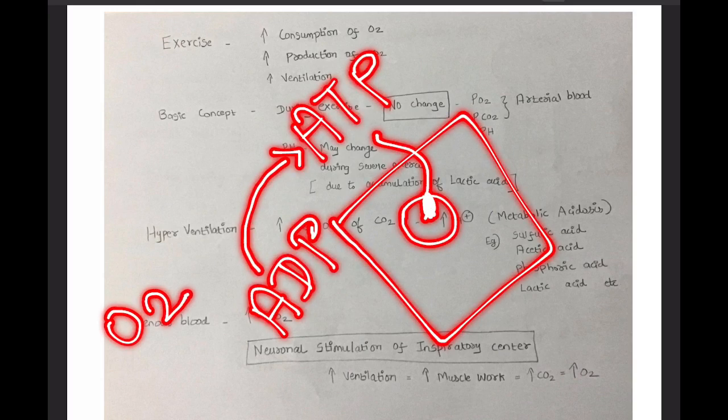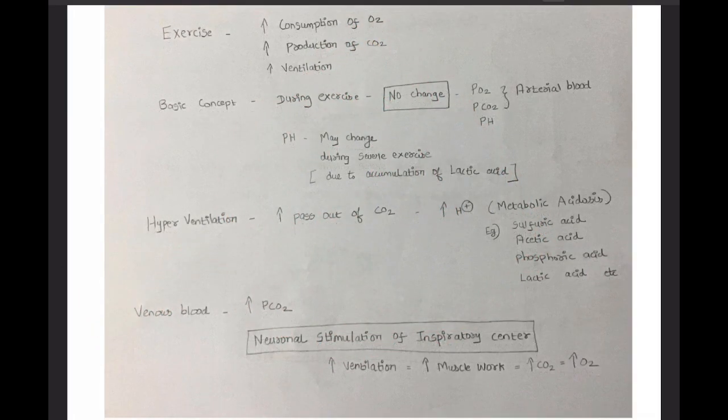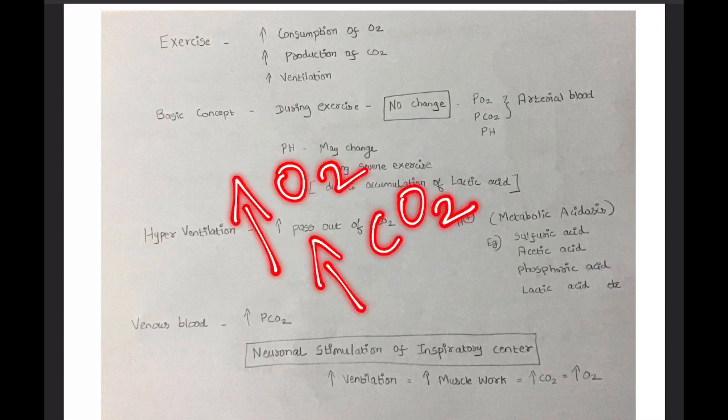So there should be more oxygen consumption to produce ADP, then ATP, then the energy for the cells. During breakdown of the bigger molecules, there will be production of carbon dioxide also. So here you can see during exercise, in a normal person there will be increased consumption of oxygen and increased production of carbon dioxide, that is O2 and CO2.